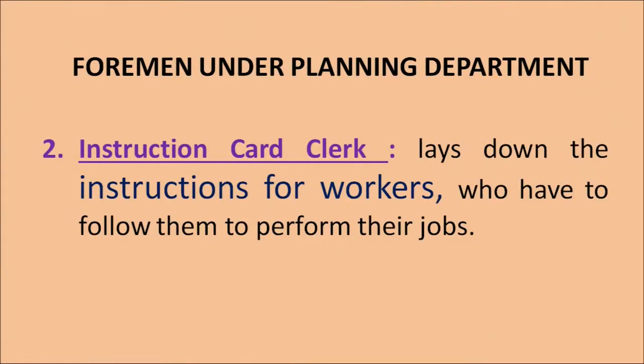Second is the instruction card clerk, who would be responsible for laying down the instructions for the workers who have to follow them to perform their job. While performing the job, the workers must have clear instructions on how the work has to be performed, so that there are no accidents and no defaults. This has to be laid down by the instruction card clerk.